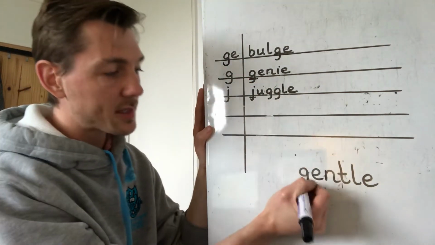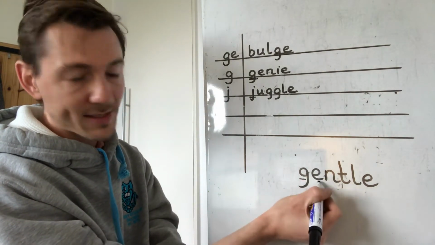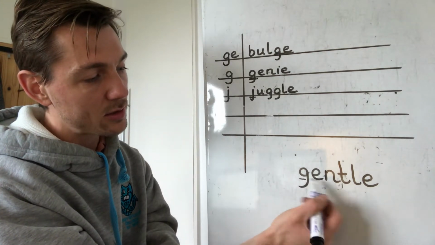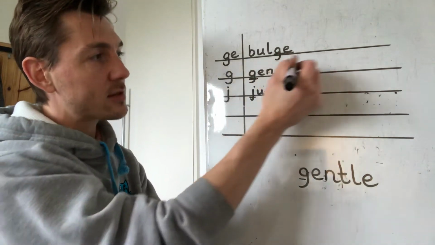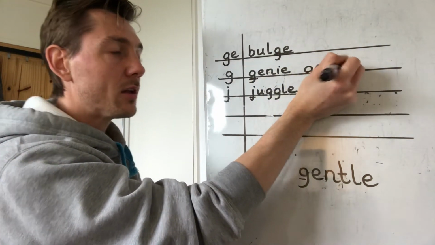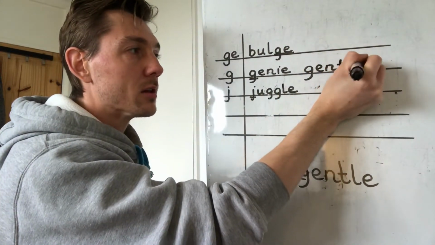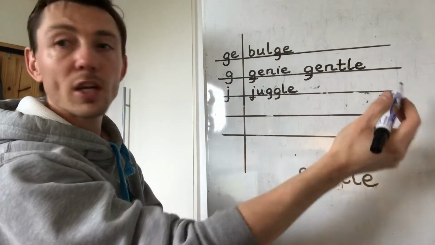And it's right, it's just G on its own. Although we've got G and an E together again, the E is a separate sound, isn't it? So it's j, e, n, gent, t, gentle. So G on its own spelling of j. So we write j, e, n, gen, t, l, tle. Gentle, gentle.